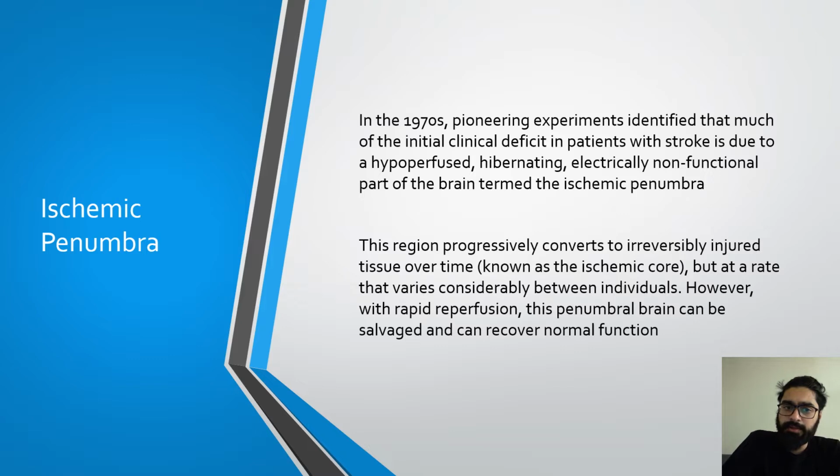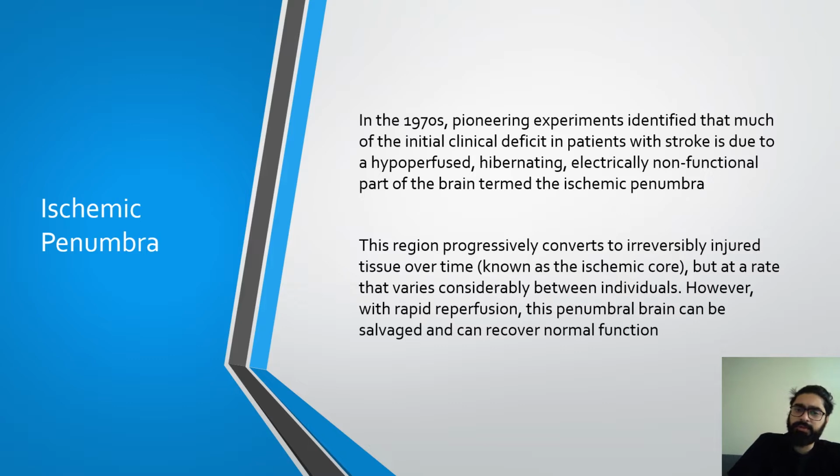Ischemic penumbra, coming to the definition: in the 1970s, pioneering experiments identified that much of the initial clinical deficits in patients with stroke were due to a hypoperfused, hibernating, electrically non-functional part of the brain, which was termed ischemic penumbra. This region progressively converts to irreversible injury over time, known as the ischemic core, but at a rate that varies considerably between individuals.